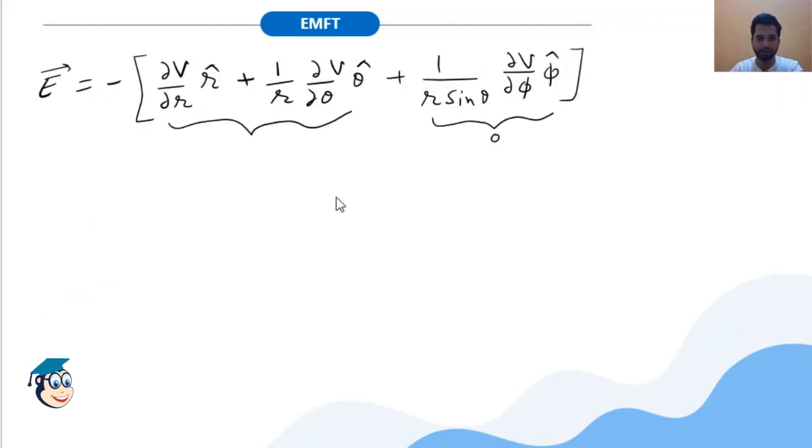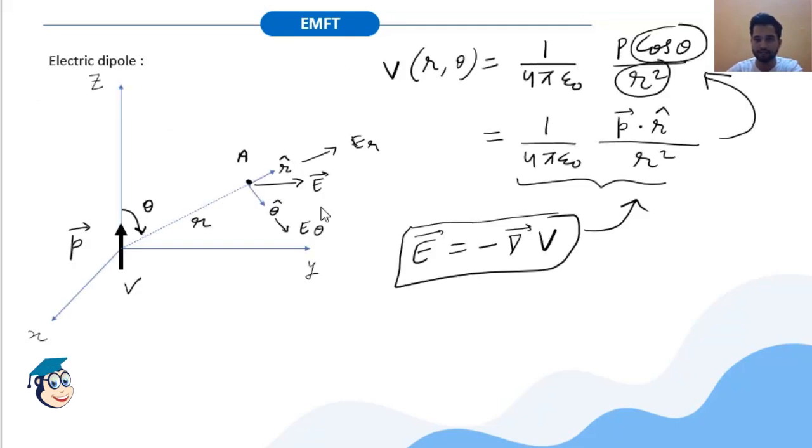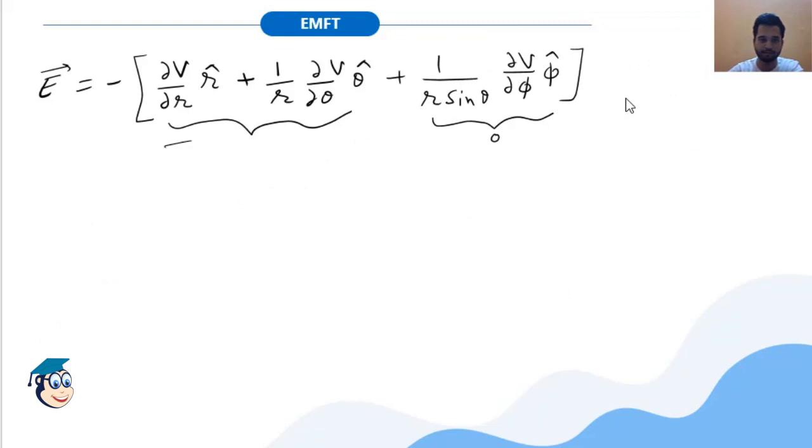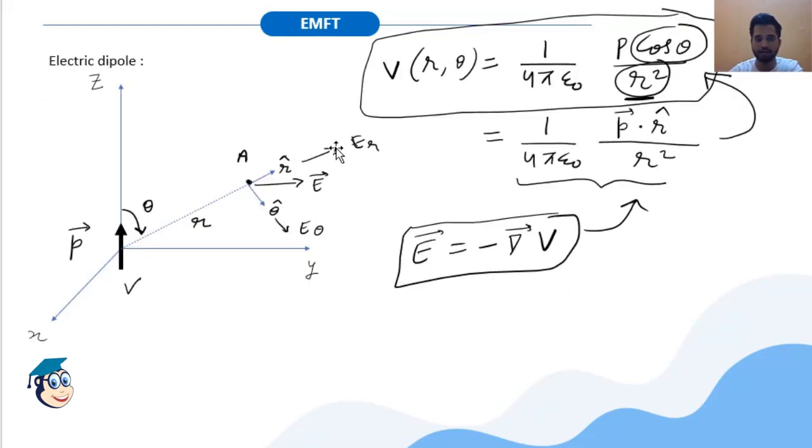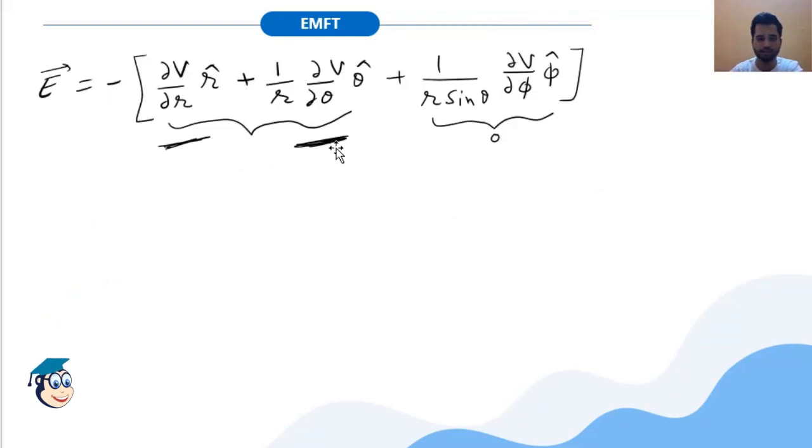Now you have V in this slide. You can differentiate this V with respect to r for the first part, and differentiate V with respect to theta for the second part. This is very easy differentiation, and you will easily get an expression like this.